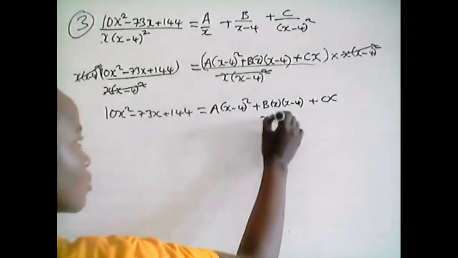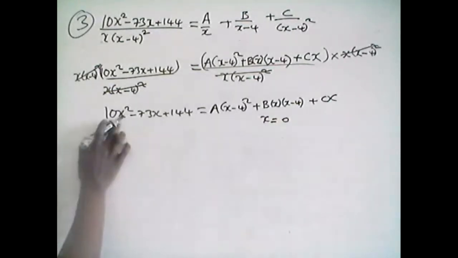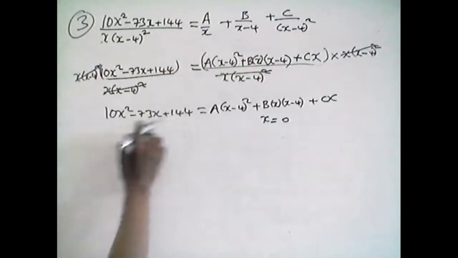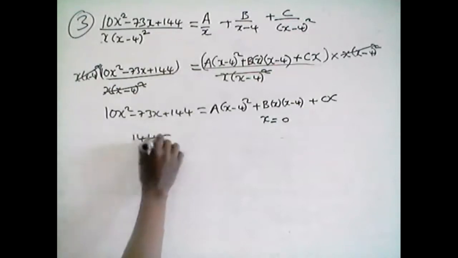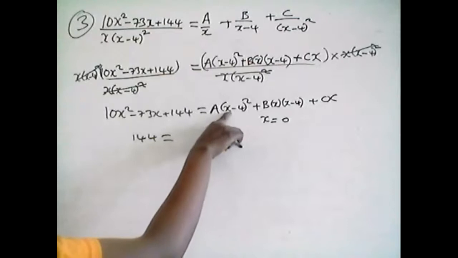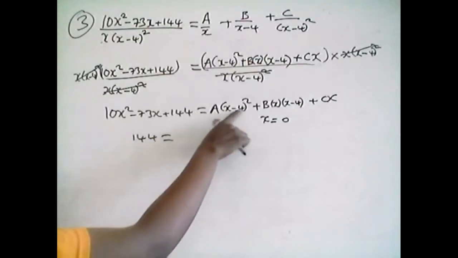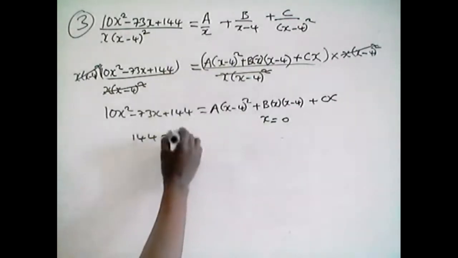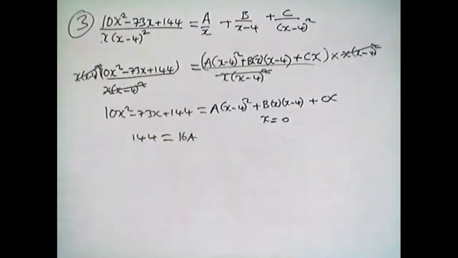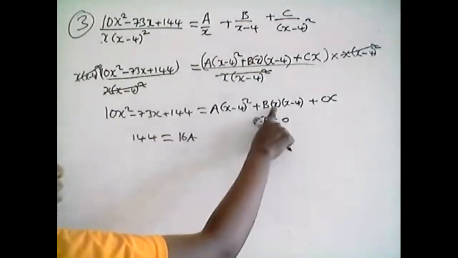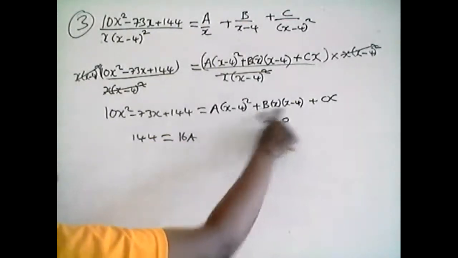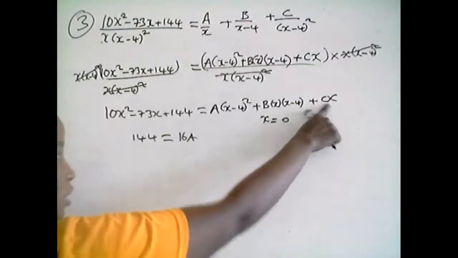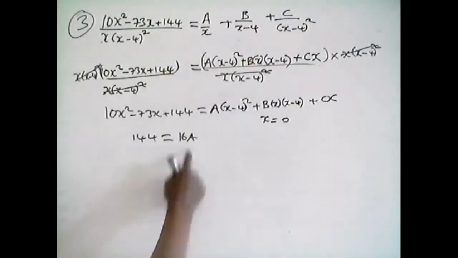When x is equal to 0, this side will be 0, and this will be 0. We're going to remain with 144. So 144 is equal to, when you put a 0 here, 0 minus 4, which is negative 4. Now negative 4 squared is 16. 16 multiplied by a is 16a. When you put a 0 here, 0 multiplied by this part will vanish, and that part will vanish. So we have 16a here.